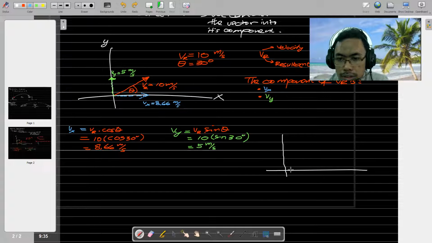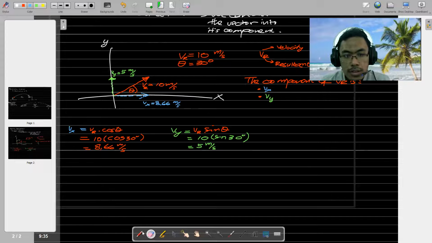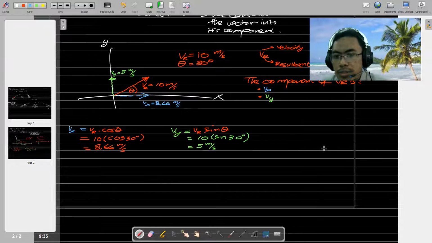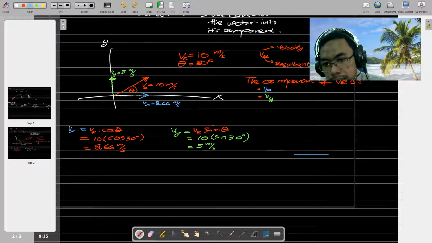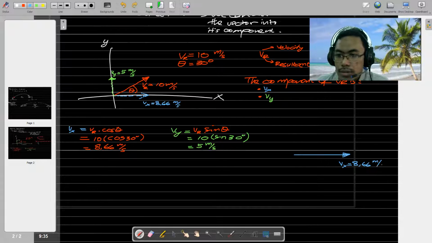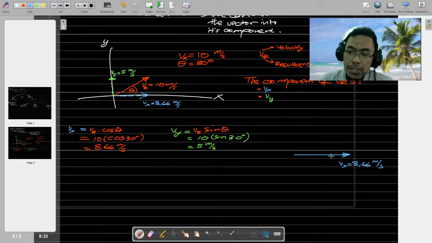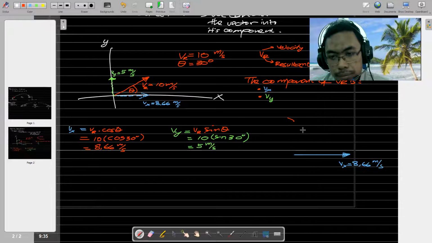Okay, so I will just draw the velocity without any coordinate line. This one is the Vx, which is the x component of VR.